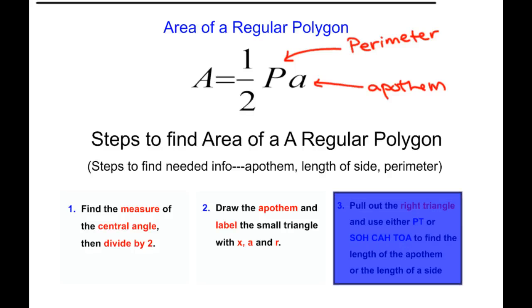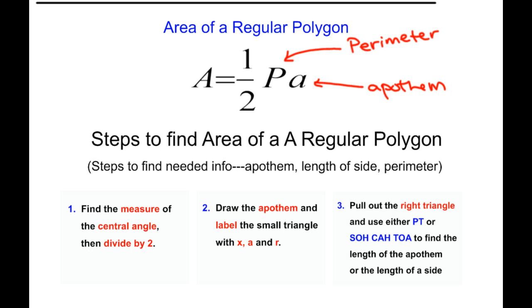Third step, pull out the right triangle and use the Pythagorean theorem or sine, cosine, or tangent to find the length of the apothem or the length of the side you need in order to find the perimeter. You should all know how to find a perimeter if you're missing the length of a side. And the apothem you will find using the Pythagorean theorem or the trig identities.